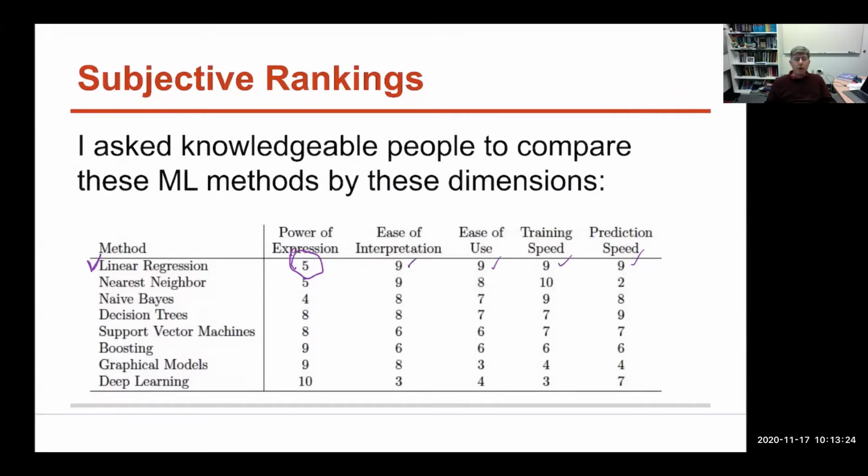You have to add your own nonlinear features, and figuring out the right nonlinear features can be complicated. Any questions about that? I don't think that linear regression is a shameful thing, especially if you use nonlinear features where appropriate.